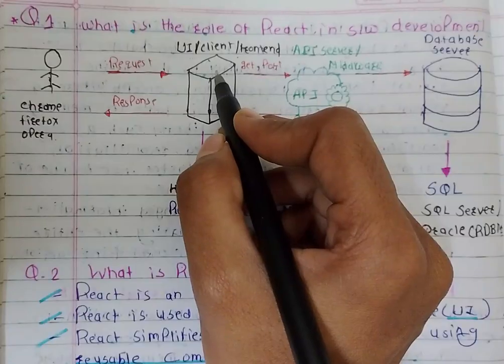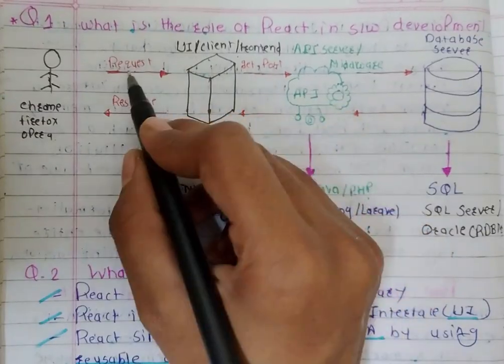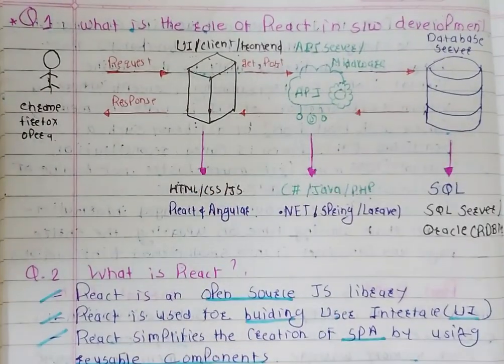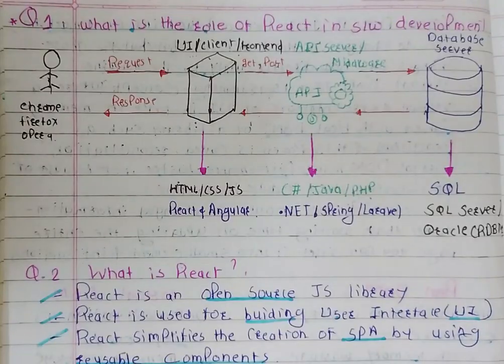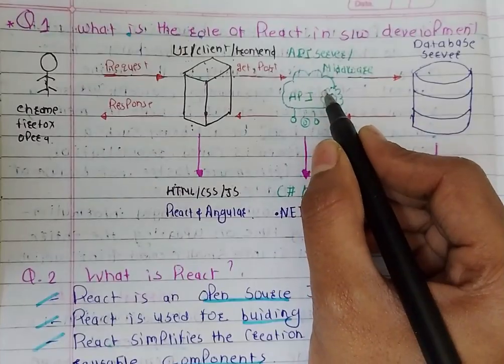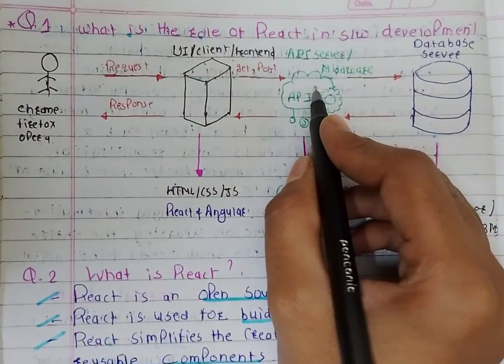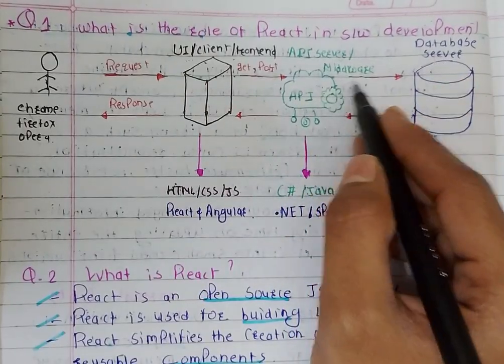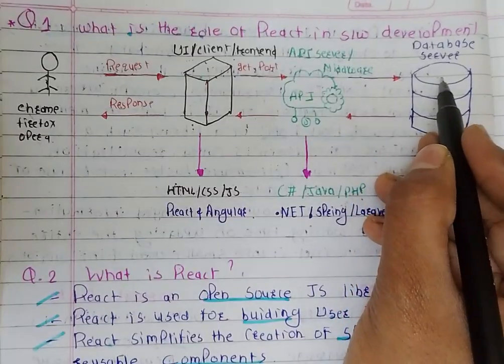For example, this is a user trying to register for the first time. First of all, the request goes to the front end using the browser. Then that request is integrated with the backend, so it goes to the backend. Before registering the new user, it will check whether the user is present in the database or not.